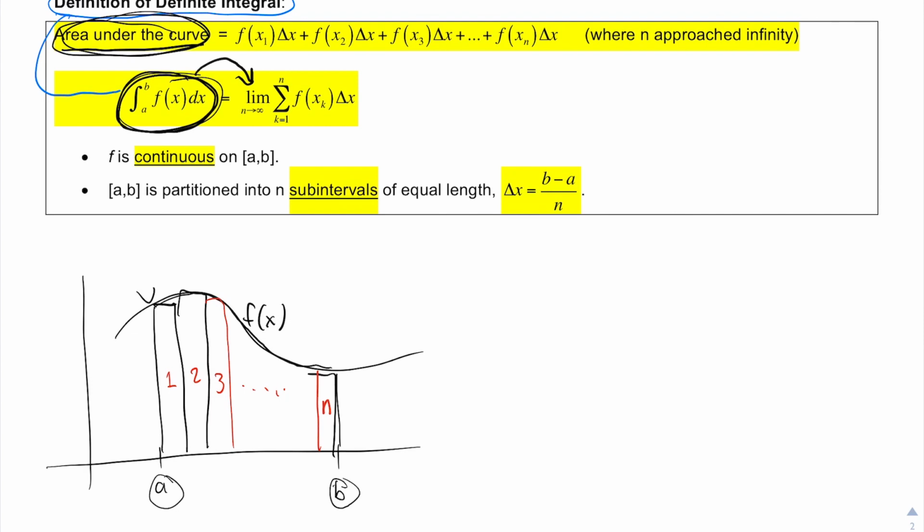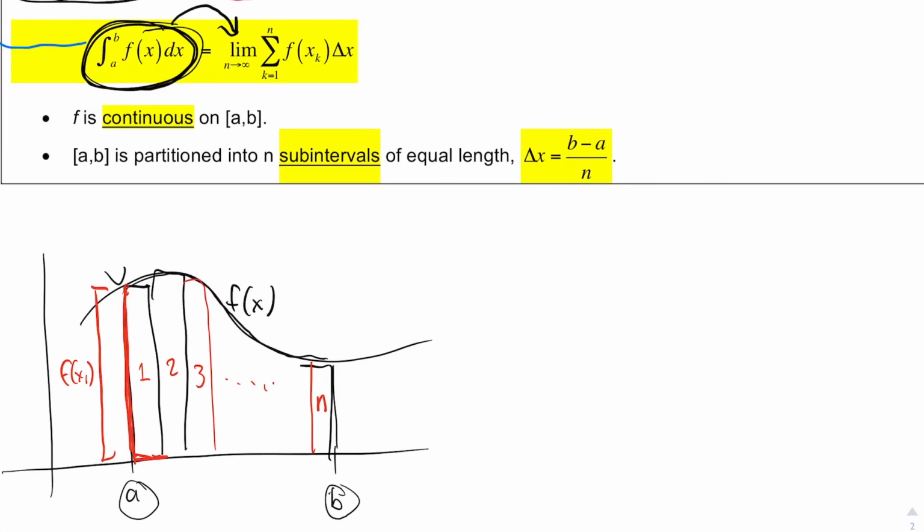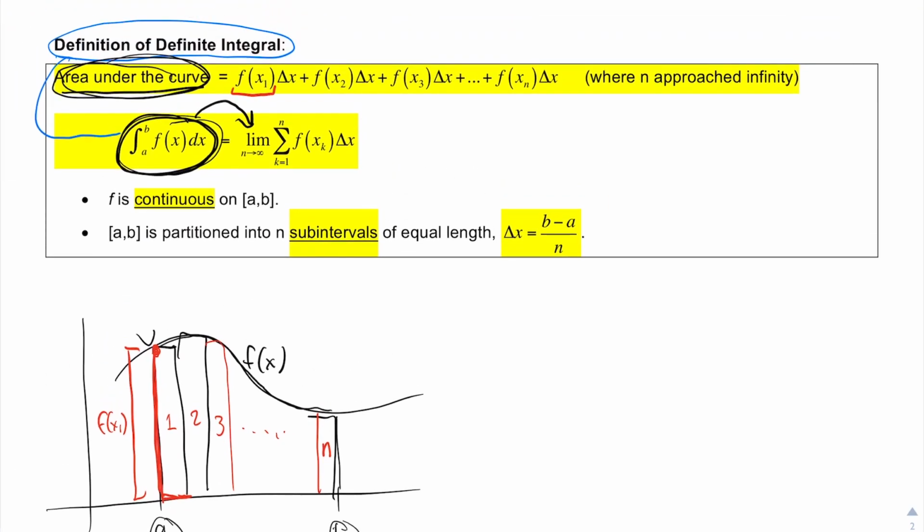And to find the area of this first rectangle, we need the height times the width right there. And so that's what up here is all talking about. This f of x1 is our first x value. So this right here is your f of x1. That's the height.